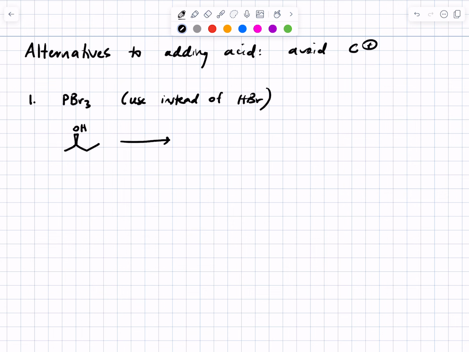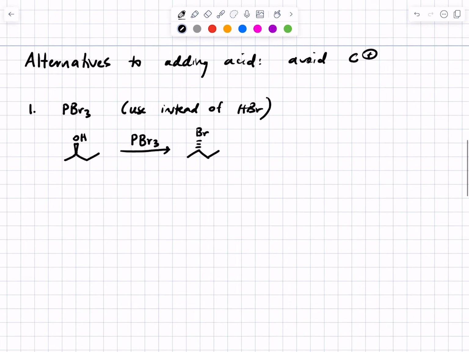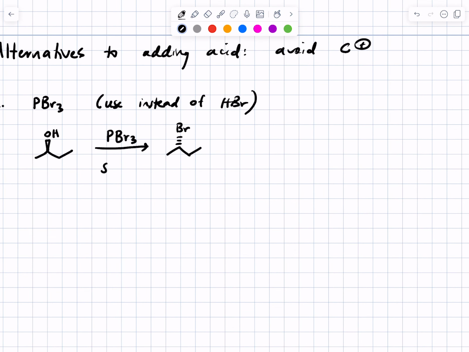We'll talk briefly about mechanism. The reagent is phosphorus tribromide, or PBr3. The effect of this reagent is to replace the OH with bromo, but the mechanism of that replacement or substitution is SN2 because you see this enantiomer only.